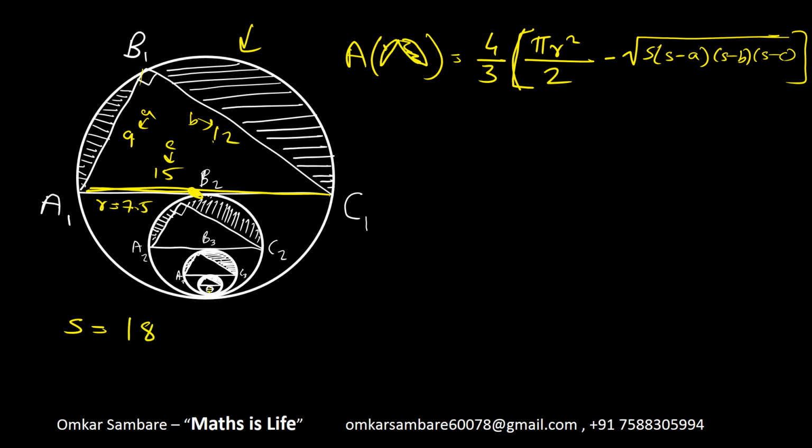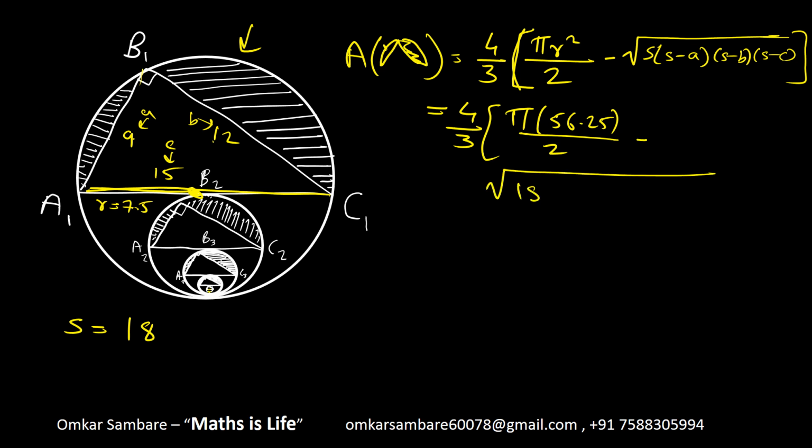So the value of s is 18, and now it is just the substitution part. 4 by 3 pi into r square, r is 7.5, so the square of 7.5 will be 56.25, upon 2, minus under root, what is s? 18, then s minus a, that is 18 minus 9, it will be 9, then s minus b, that is 18 minus 12 is 6, and then s minus c is 18 minus 15, that is 3, and we can get the value of this part now by simplifying this further.